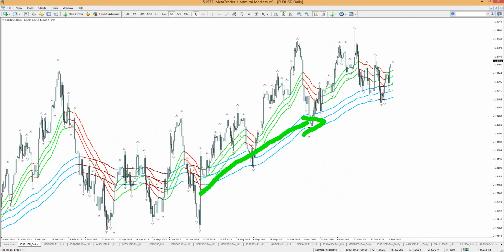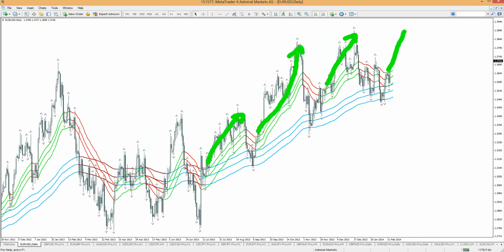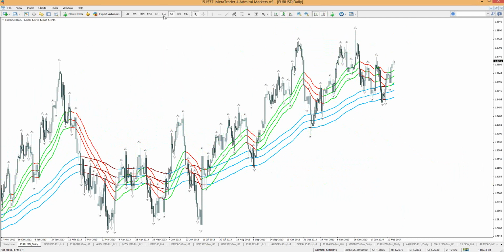So there was a bit of an uptrend, although on the weekly chart we can see that it's very slow, it's very corrective, it's very choppy. But price did respect the blue moving averages and used it as support. So in that regard, there is the potential now again to get some upside, just like we had here, just like we had here, and just like we had here. We can get the same here. So that's the potential for the euro dollar.